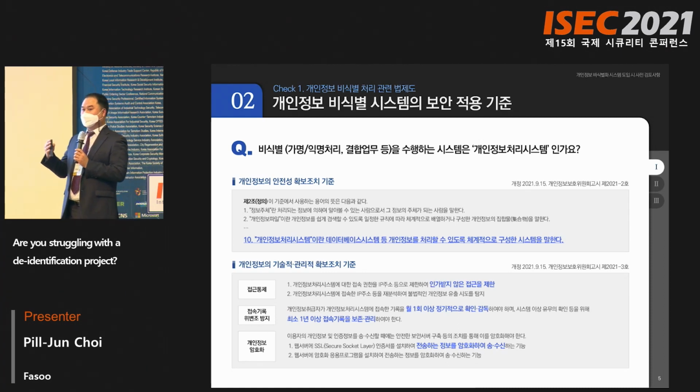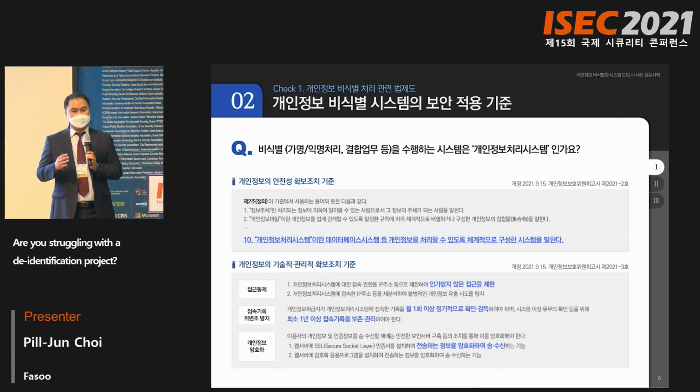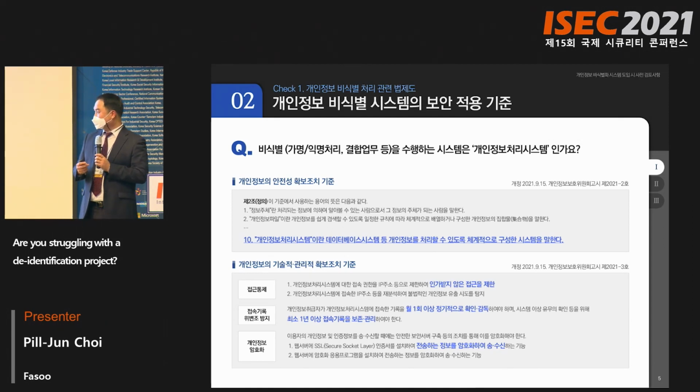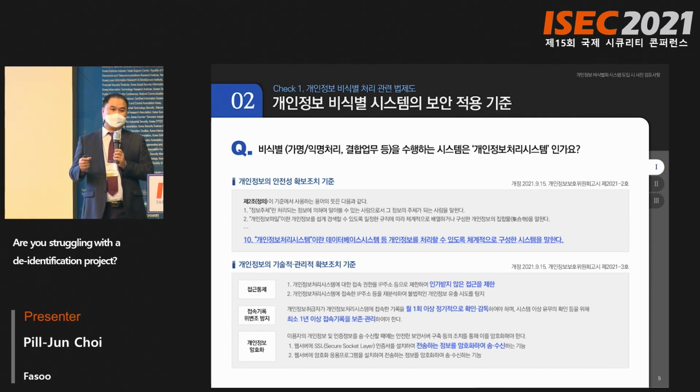Secondly, the prevention of falsification is needed. Regularly, the access to the personal information processing system needs to be checked and audited. And these access records need to be maintained and retained for 1 year. And the third one, which is very important, is encryption of personal information.